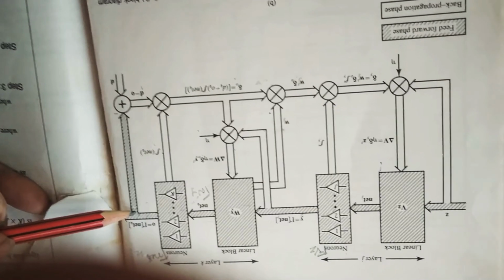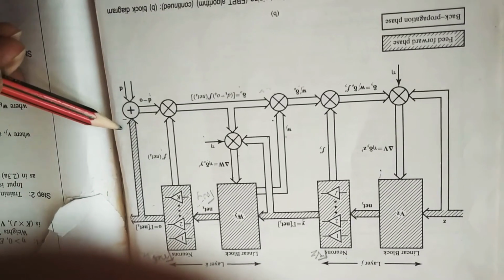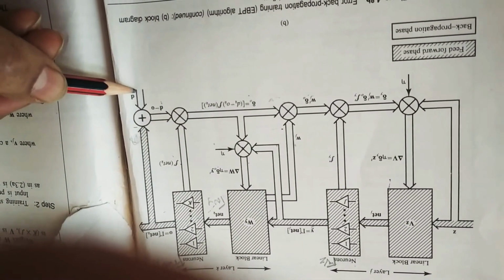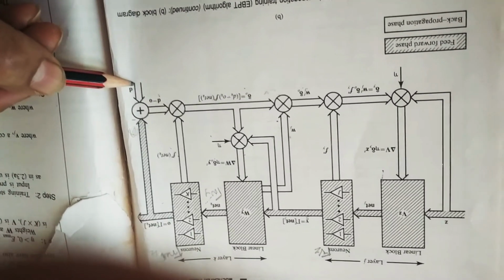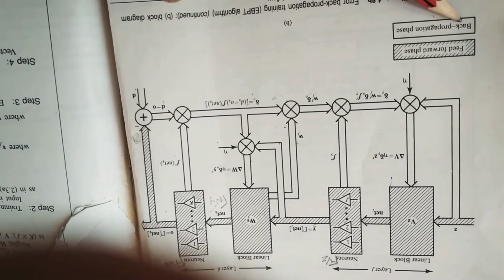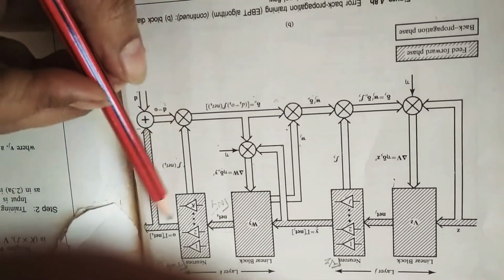Now the error back propagation. What happens here? We are having an output here. We are having a desired signal because it is related to the supervised type of learning. Now we are starting our back propagation phase. So D minus O is here.